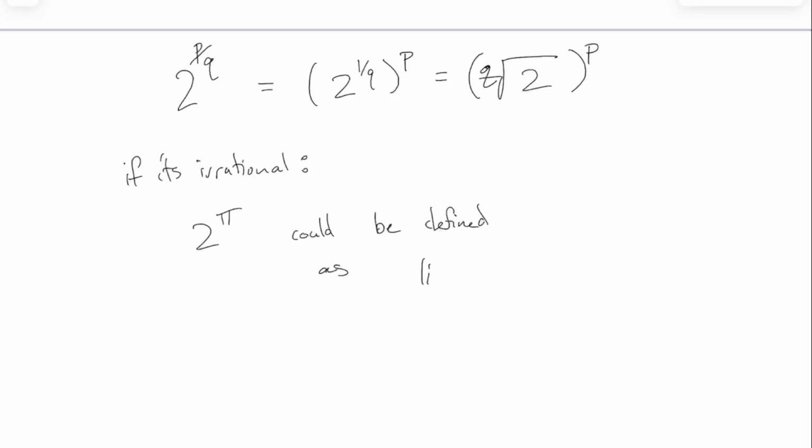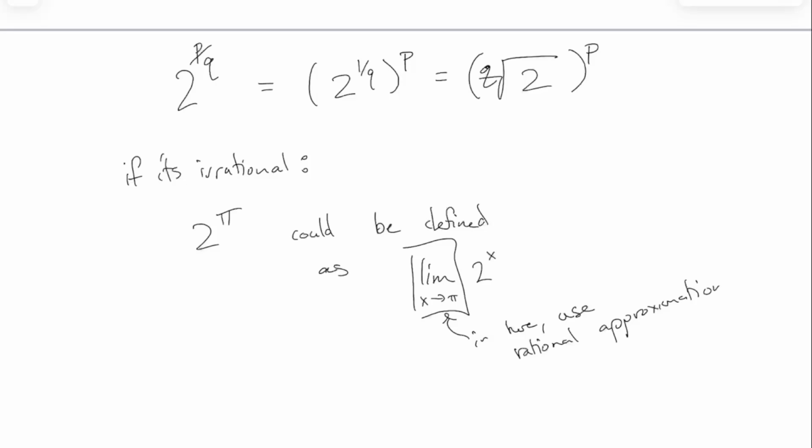as a limit. This is a little weird. You can take a limit as x approaches pi, where inside, this is a strange kind of limit, but in here, use rational approximations.